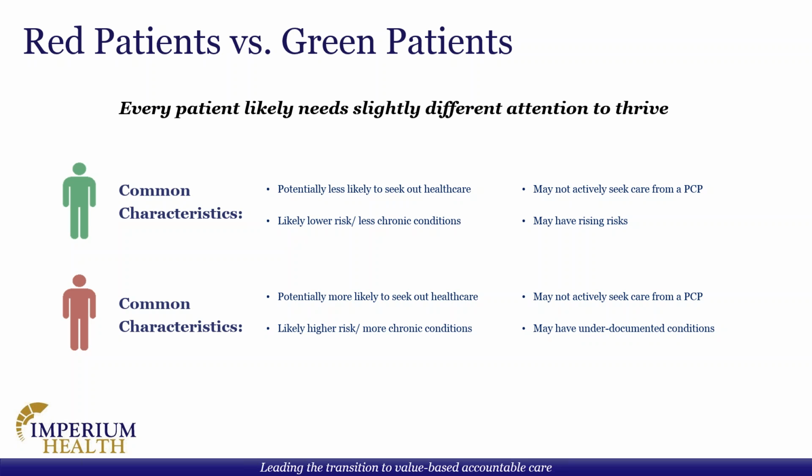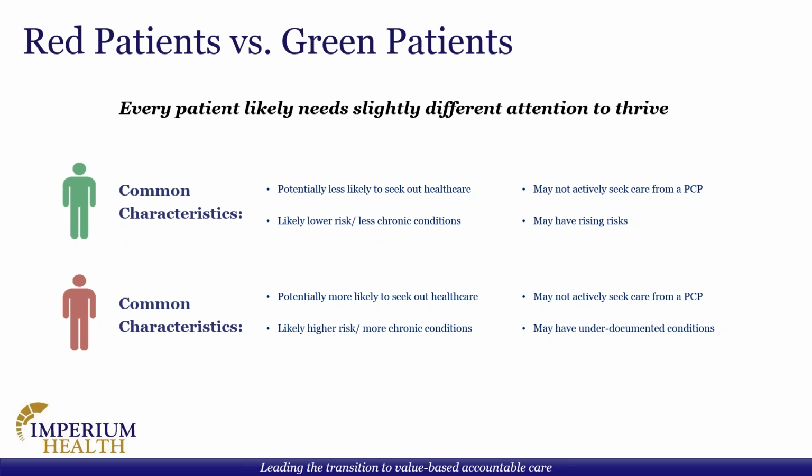The next grouping of patients that we're going to talk about more today is the red patients. Those red patients are ones that are more likely to actively seek out healthcare, or necessarily receive healthcare that they didn't seek out. They're going to have higher risks or more likely to have rising risks. They're going to have more chronic conditions, but they still may have underdocumented chronic conditions.